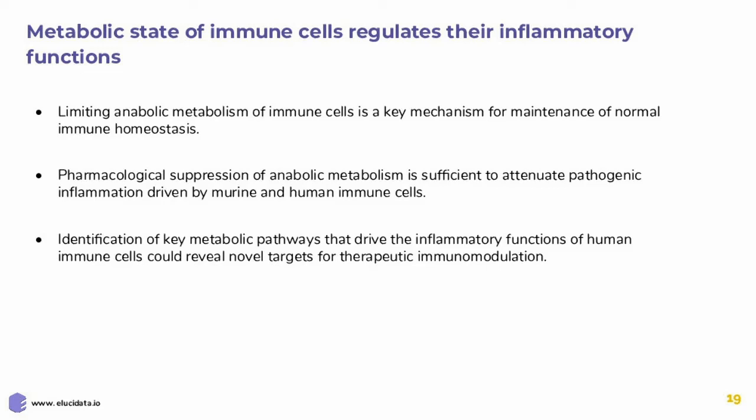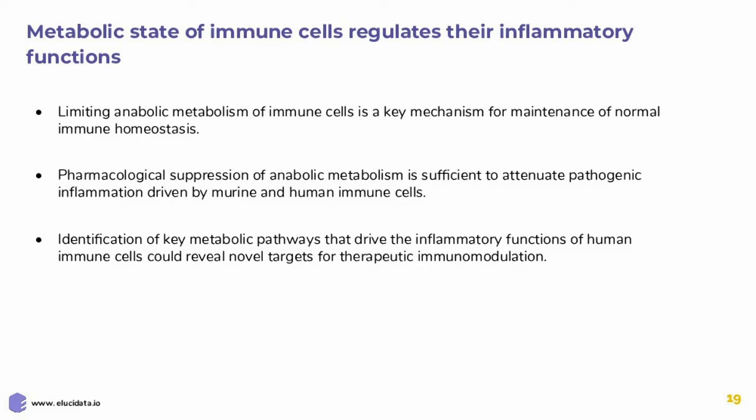So a key question that was remaining for us was that, well, metformin and 2-deoxyglucose are pretty broad metabolic regulators, but what were the exact metabolic pathways that were being turned on in immune cells, and specifically in T cells upon activation, that were requisite for their inflammatory functions?